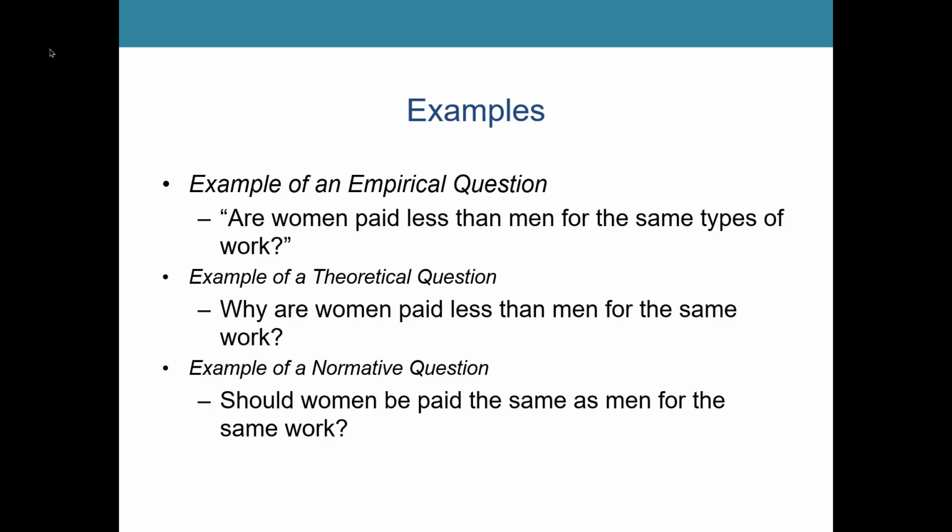The last example is a normative question. Should women be paid the same as men for the same work? Notice again, science is not going to definitively say, yes, women should be paid the same as men for the same type of work. Science is going to say, we asked 1,000 people, and 99% of people believe women should be paid the same as men for the same type of work.